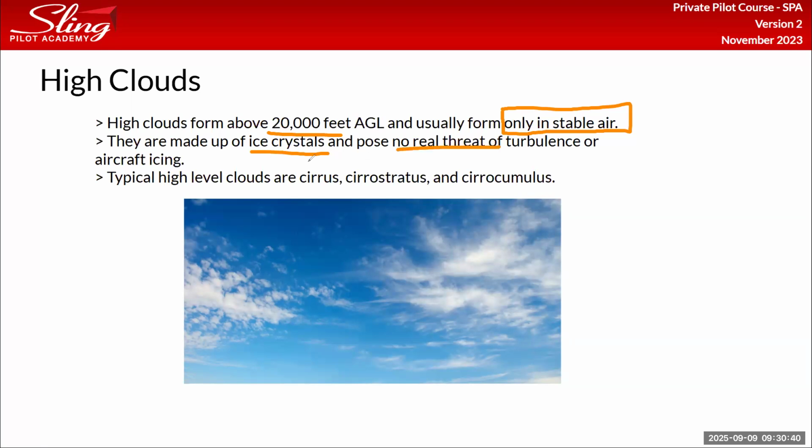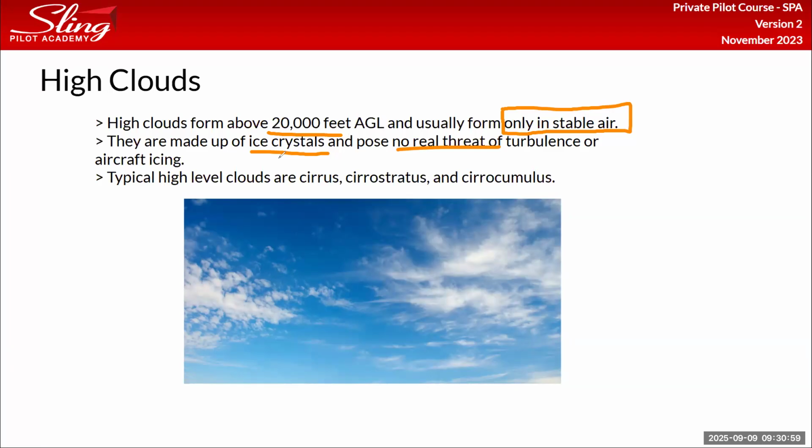And there's no real threat of turbulence or aircraft icing because they're so solid in the ice crystals, like I just talked about. Flying through ice crystals in the air is just going to break through, they're just going to bust up as we fly through them.